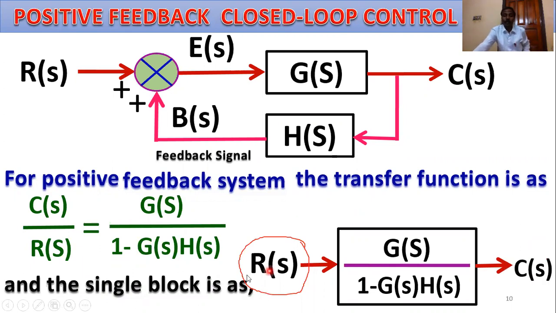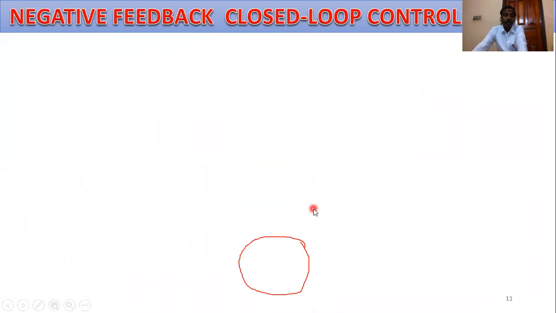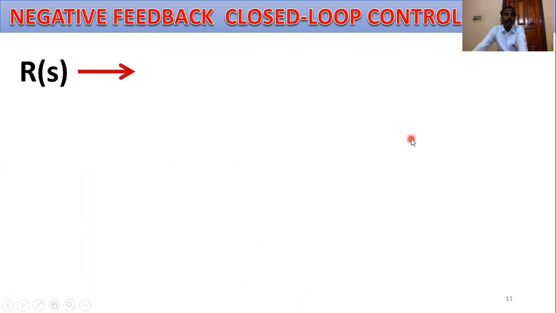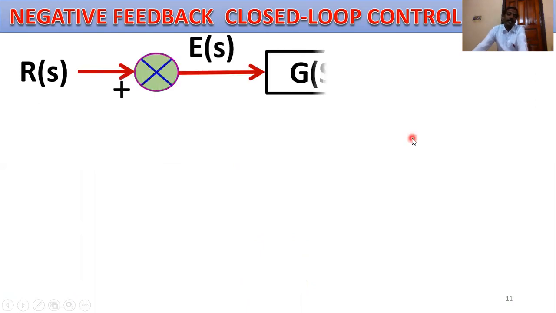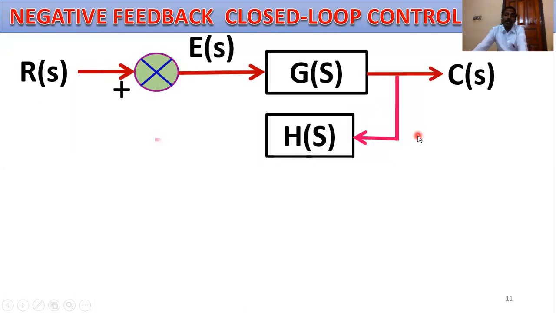Then C(s)/R(s) equals G(s) by 1 minus G(s)H(s) is called the positive feedback overall transfer function. For the negative feedback closed loop control systems, just the feedback signal is negative, otherwise everything is the same.